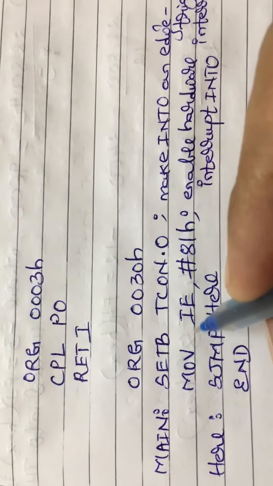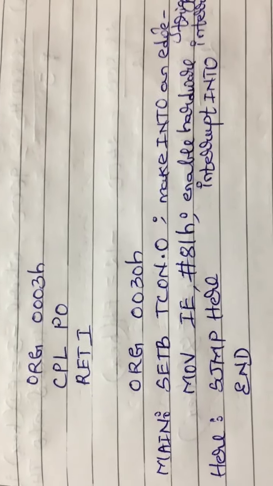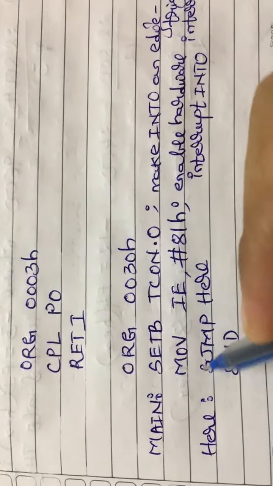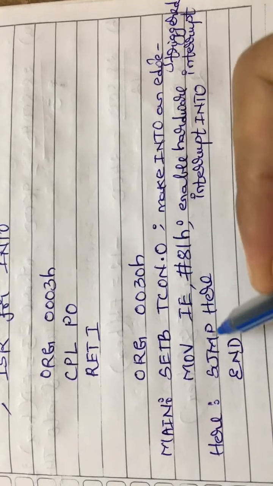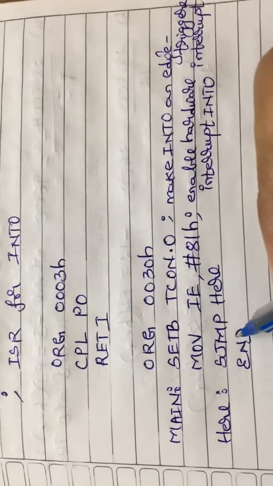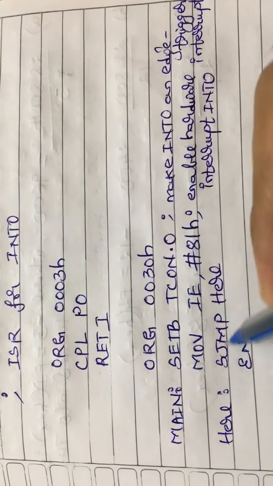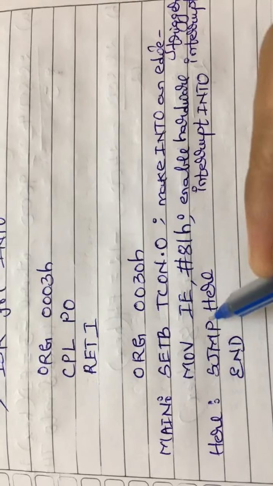Okay, then mov IE, #81h, right? So just wait for this signal. This particular sjmp will come out of this particular loop, so after IE, #81h, I have to wait for some time.